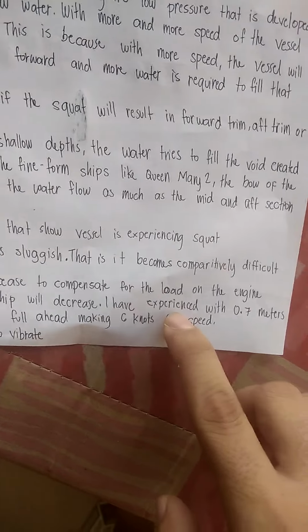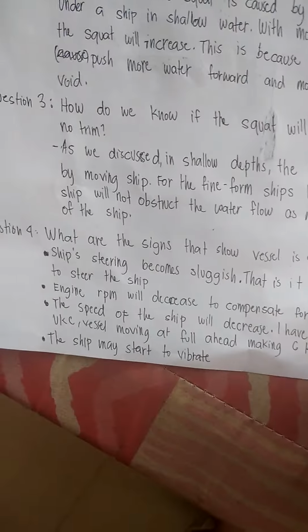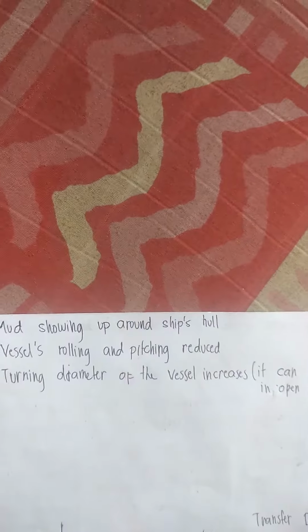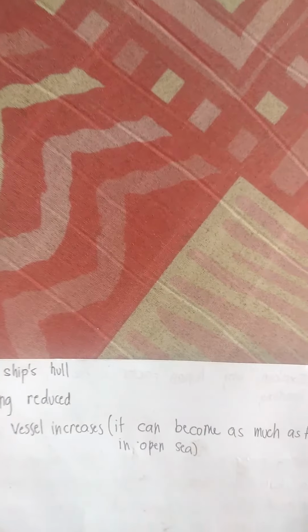I have experience with a 0.7 meters UKC vessel moving full ahead, making 6 knots GPS speed. The ship may start to vibrate, and mud shows up around the ship's hull. Vessel rolling and pitching reduce, and the turning diameter of the vessel will increase. It can be as much as twice that in open sea.